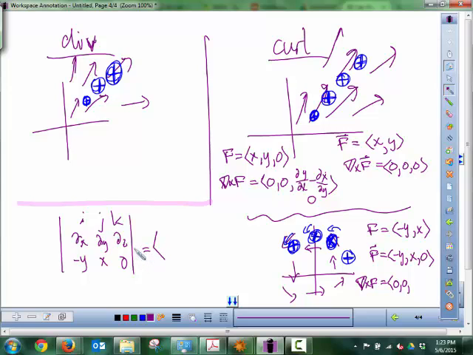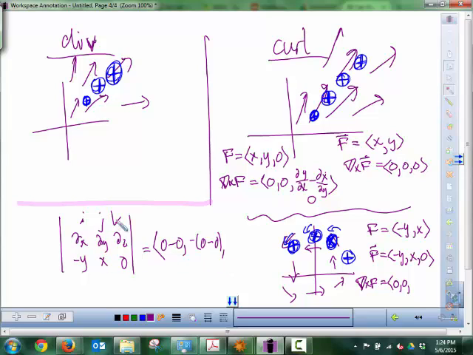So this is where the first two terms will disappear. You'll see it disappear. The first term is the derivative of 0 with respect to y minus the derivative of x with respect to z. And the second term is the negative j, the derivative of 0 with respect to x, and then the derivative of negative y with respect to z.